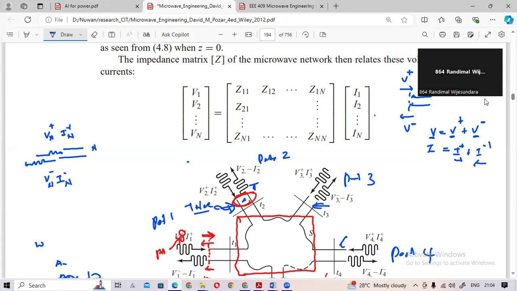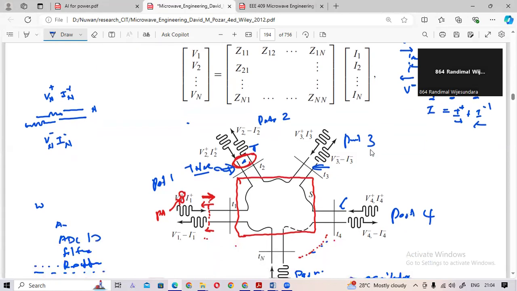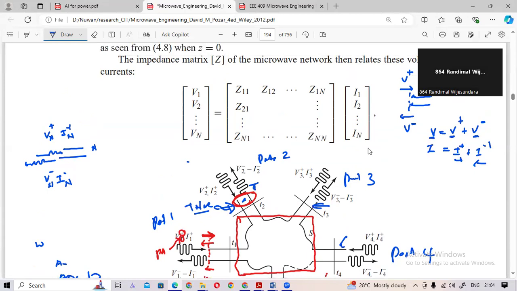Okay. So here, we are going to write the impedance. We are going to find the impedance. Okay. So if you consider V equal IR, V equal IZ, this is the impedance.